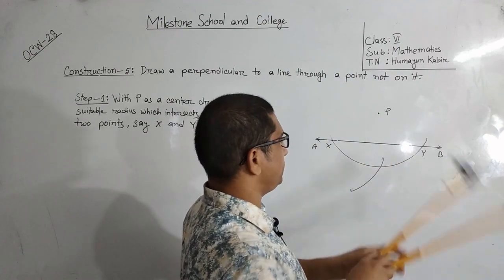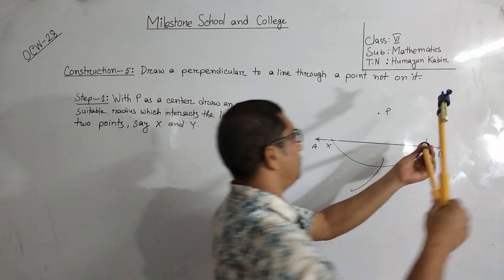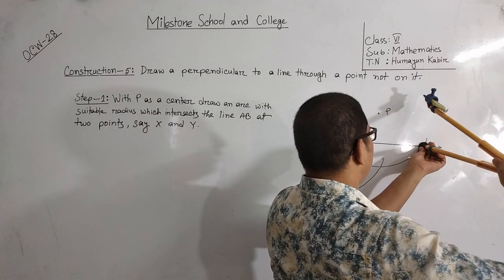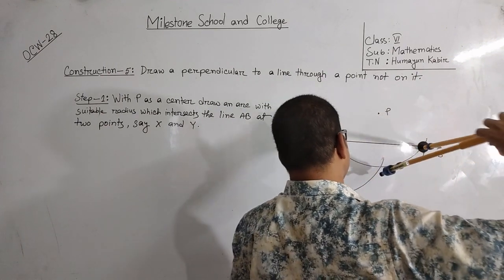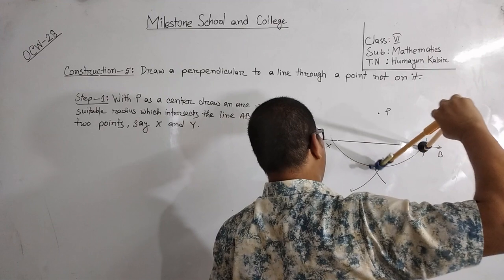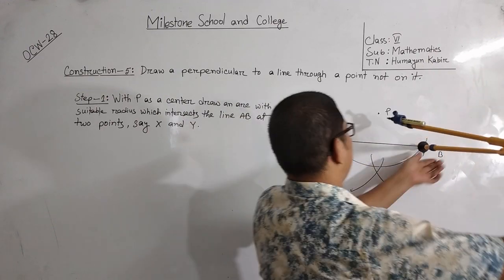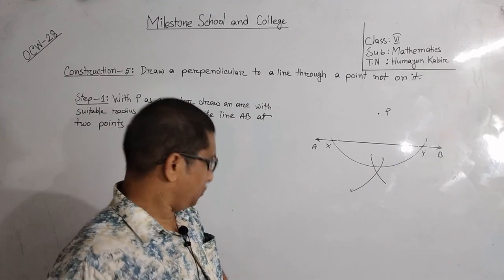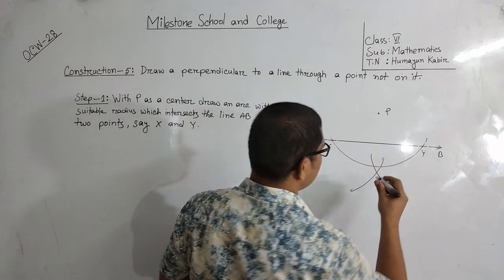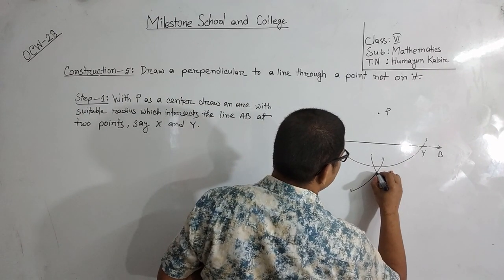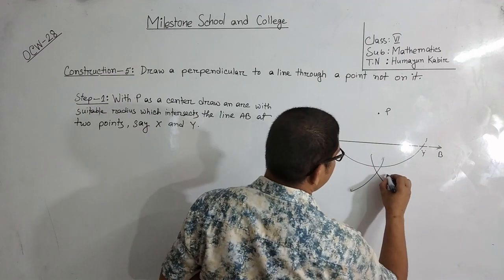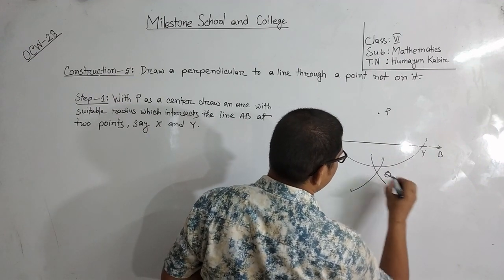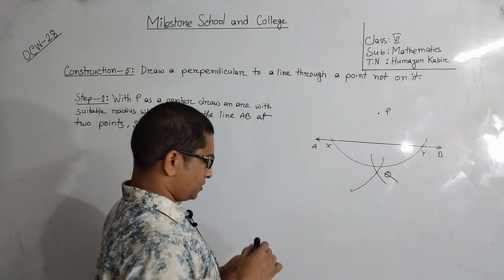And taking the same radius, y as a center, draw another arc. These two arcs cut each other here in this point. So say this point is Q.